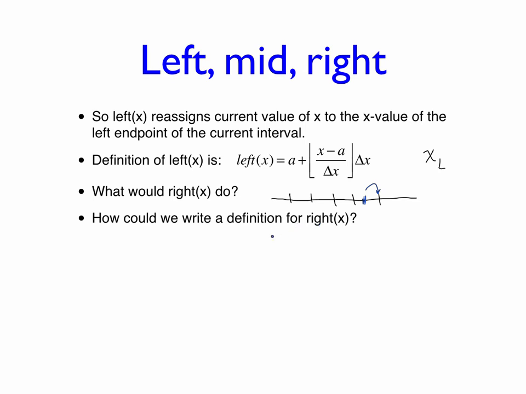Wait, I don't think I understand the question. What do you mean? Delta x doesn't have to be 1 for the floor function to work. It will always produce an integer value.